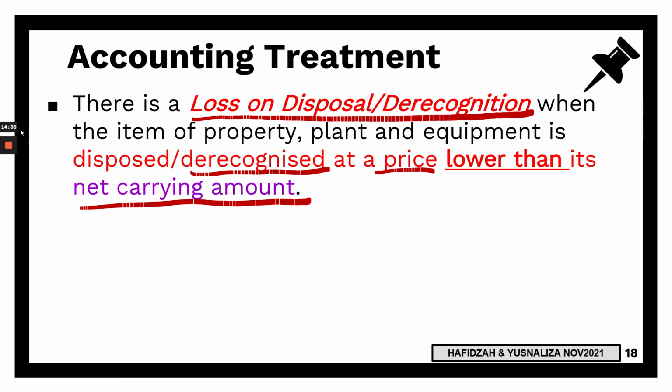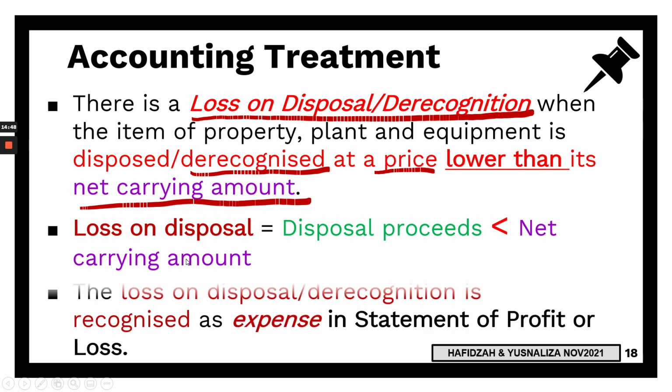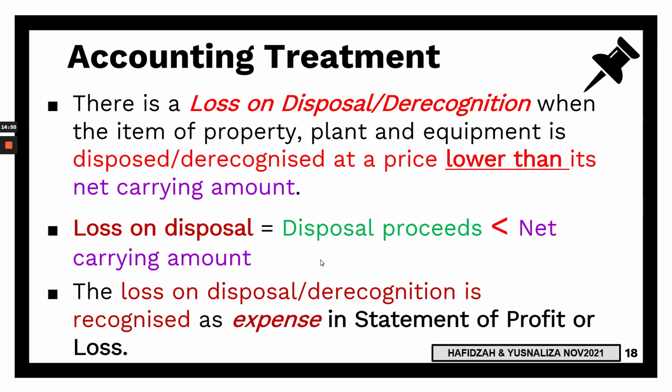So you are selling cheaper than the book value, the net carrying amount. So loss on disposal will arise because disposal proceeds are less than the net carrying amount, and the loss, as usual, is treated as an expense in the statement of profit or loss.